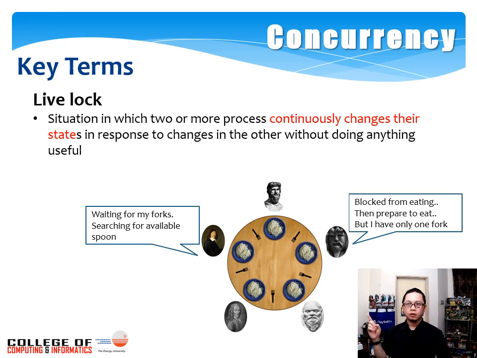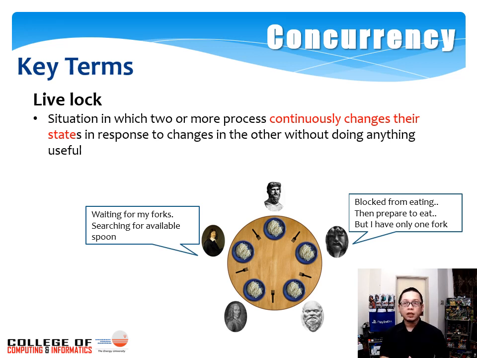Aside from deadlock, there is also the concept of livelock. So what happens in a livelock? It's basically the same thing. It's just that instead of giving out resources, these processes update their condition, but they don't actually release the resources. For example, they update that they are waiting for a resource and they are searching for available resources.